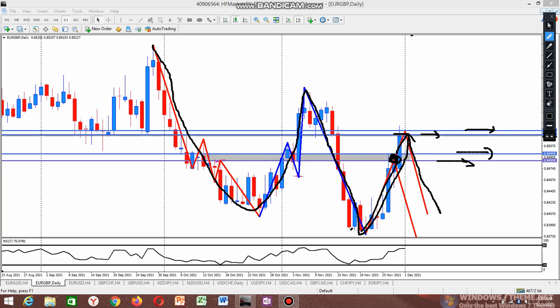If you check out the prices, we're currently somewhere around here. So we have clearly stated that the D1 time frame is bearish. Let's go down to the H4 time frame to see what's happening right there.